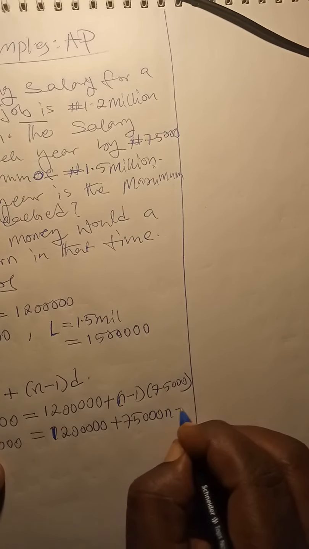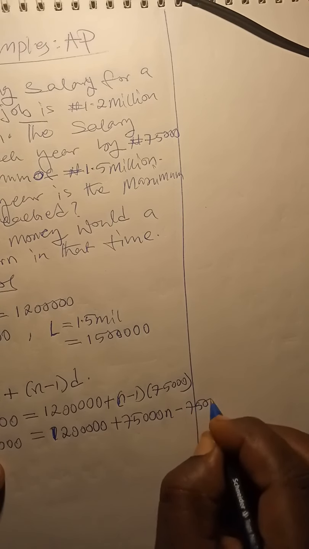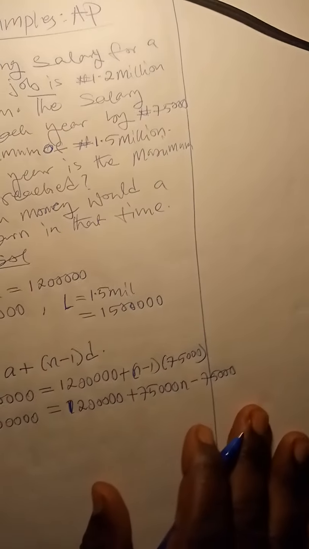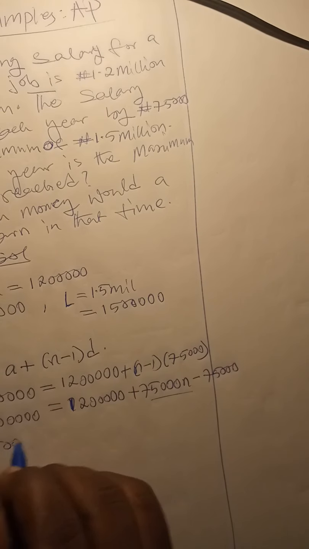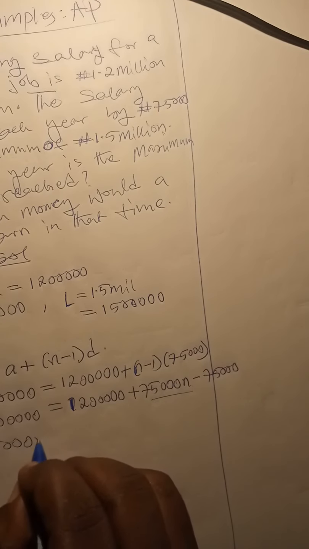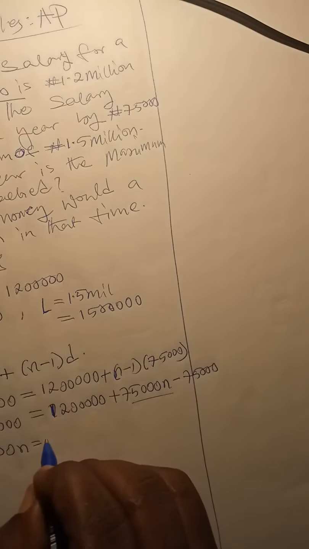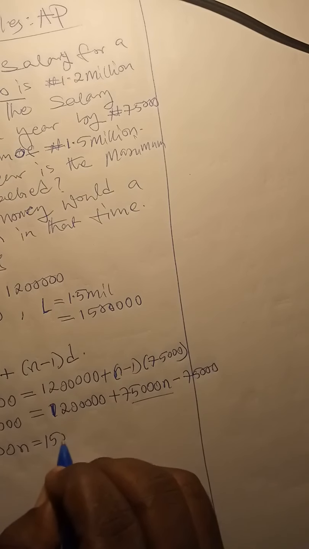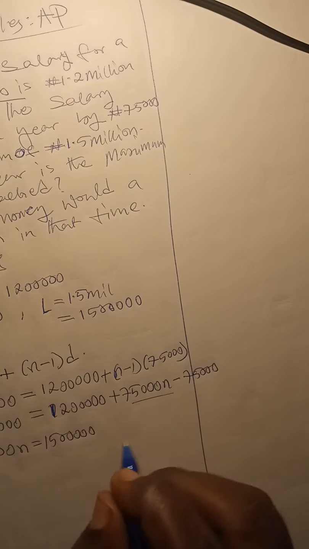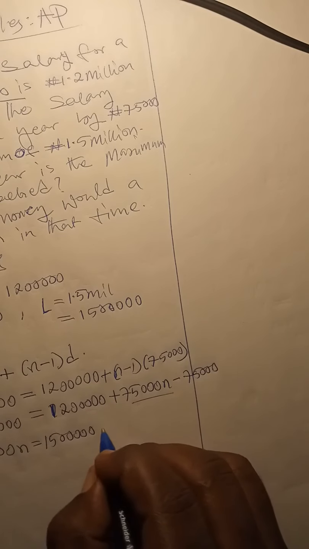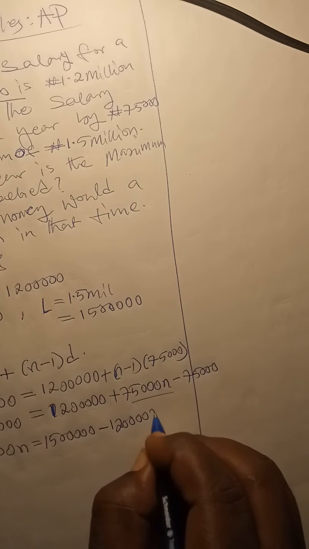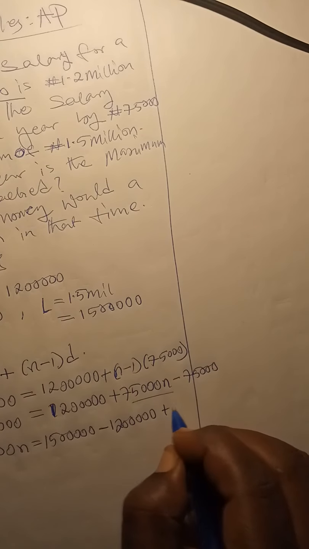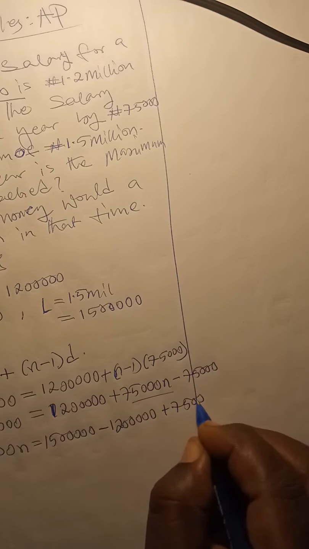Now I can collect like terms. 75,000 N is equal to 1,500,000 minus 1,200,000 plus 75,000.